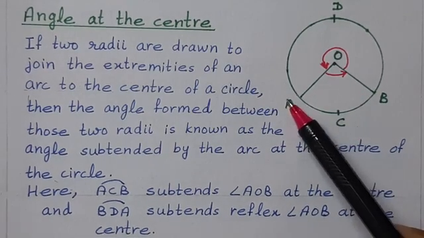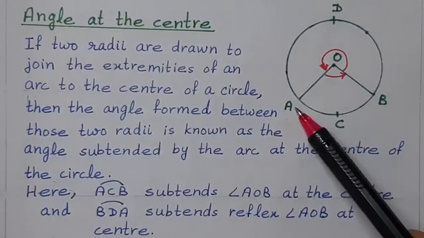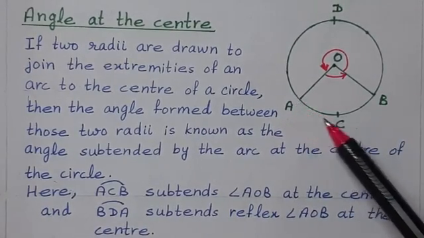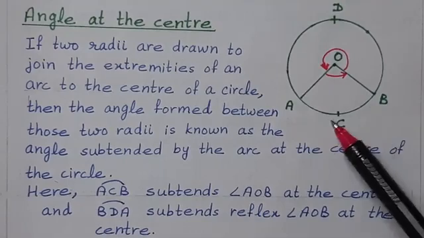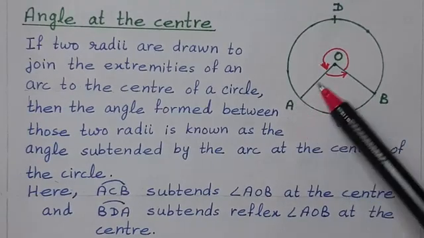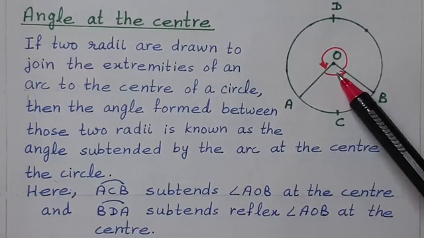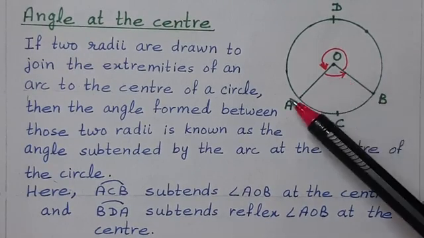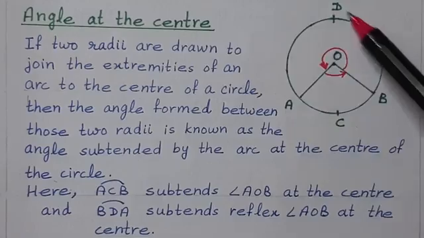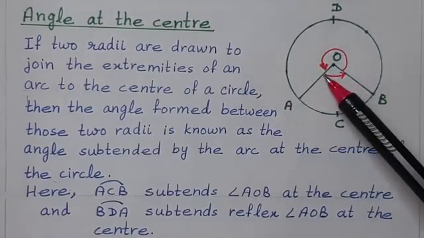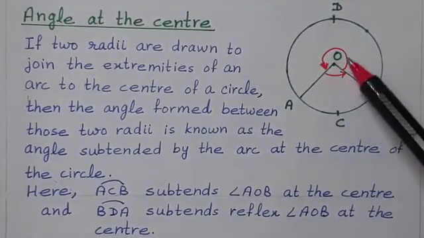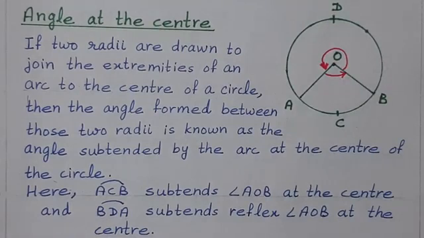Now here the minor arc ACB subtends angle AOB at the center and major arc ADB subtends reflex angle AOB at the center of the circle. Clear?